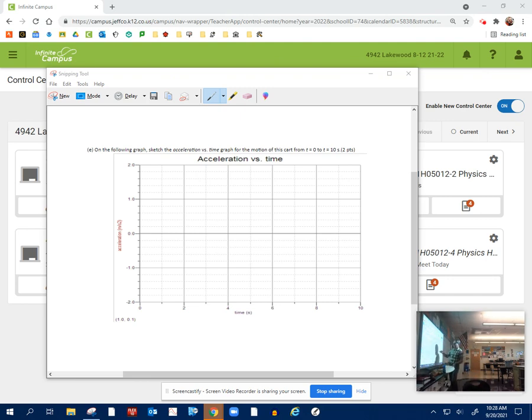Once you have figured out the area for, say, time equals 0 to time equals 1, you can then take your area under the curve and figure out what your displacement is for those time intervals. So the big key here is: once you graph it, take your area under the curve as displacement.